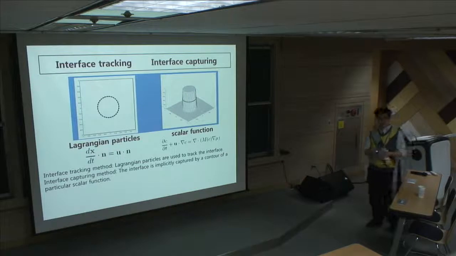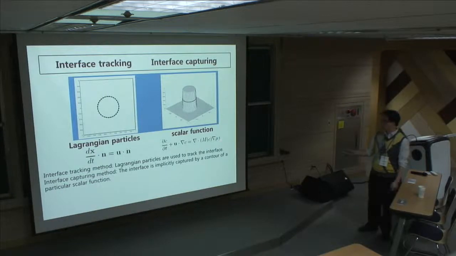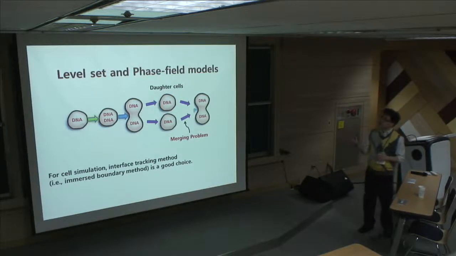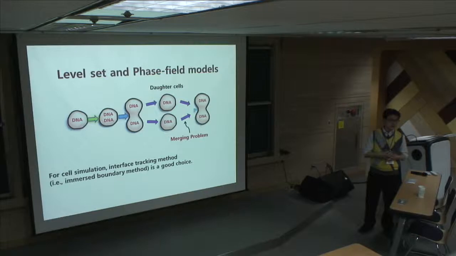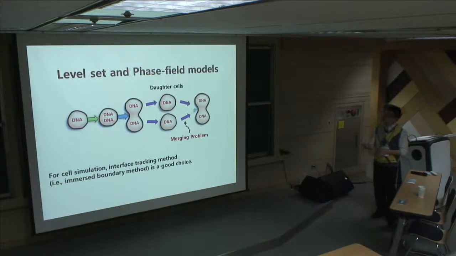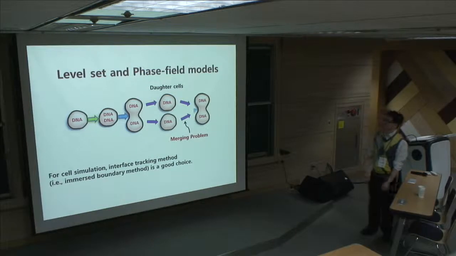But numerically we get a problem because the interface is compressed or too relaxed, so there are some other terms to prevent that. Actually, I specialize in phase field, so I try to do everything with the phase field model. For some cases it has limitations, so I will explain what the limitation is.